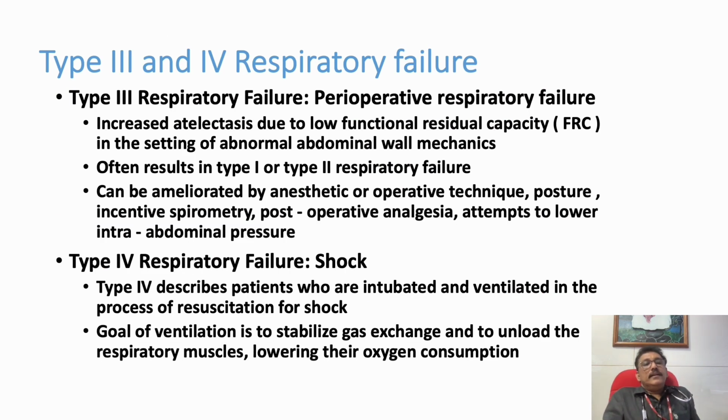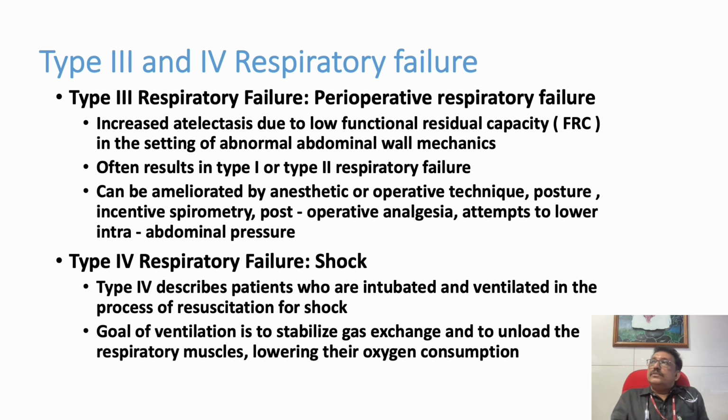Now type 3 and type 4 are there for theory purposes. We should remember respiratory failure of type 3, that is perioperative respiratory failure, which can be seen in surgical wards. Type 4 is very common, but the mechanism of hypoxemia is different. It is in shock. It describes patients who are intubated and ventilated in the process of resuscitation for shock.